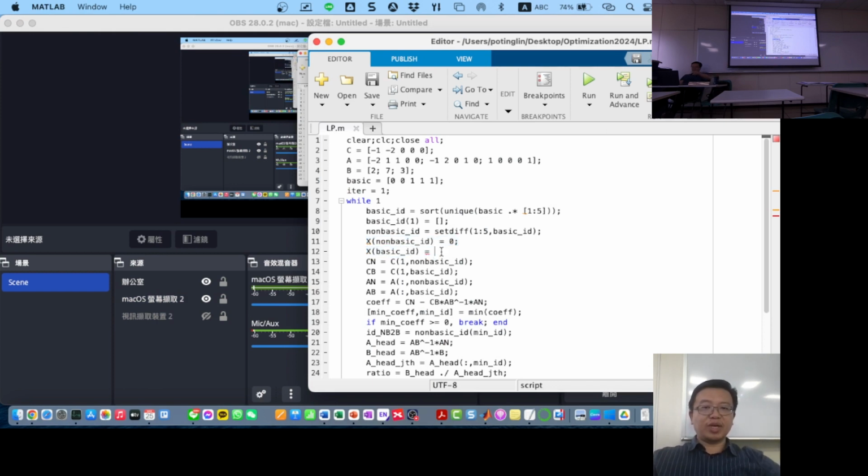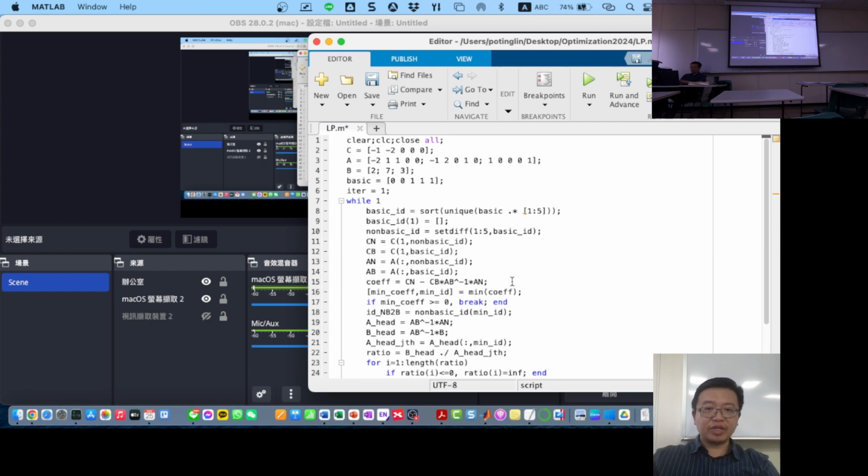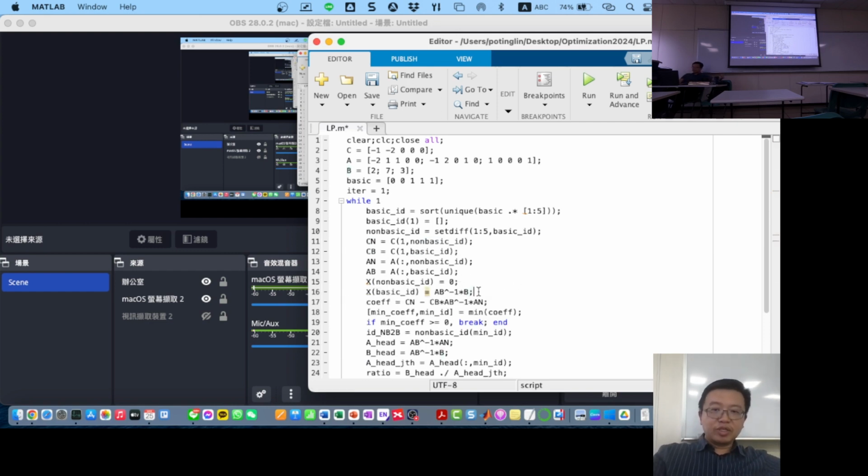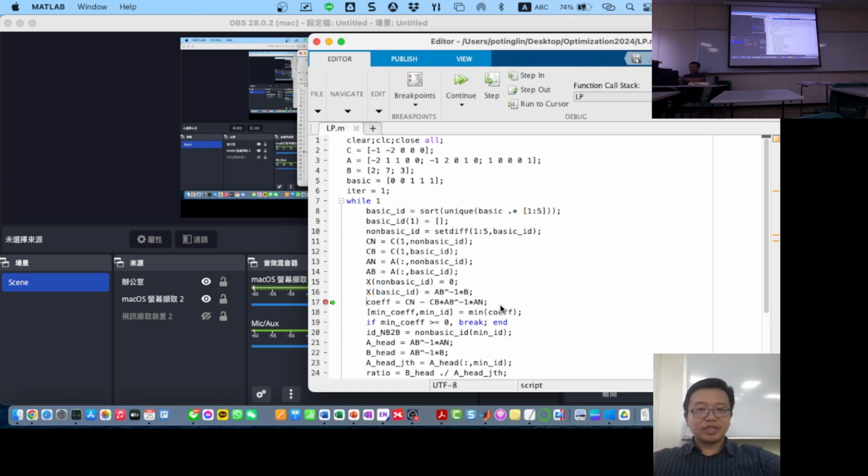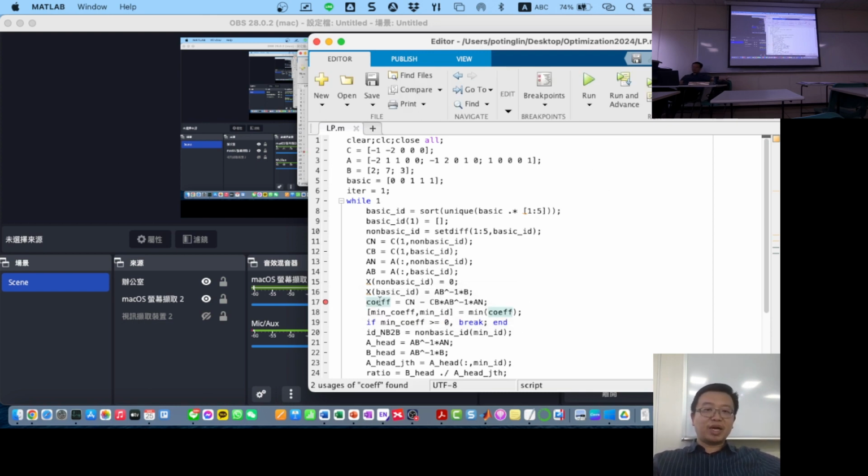X basic will be A basic inverse times B. I need to do this after I have the A basic right here. Let me just check if it's right. Okay, so my X is 0, 0, 2, 7, 8. So every time I will be able to compute my X.